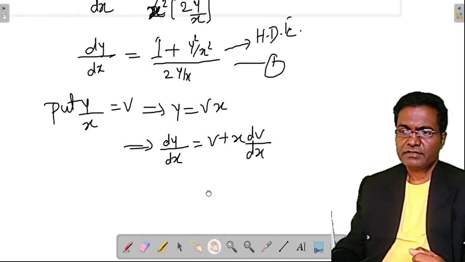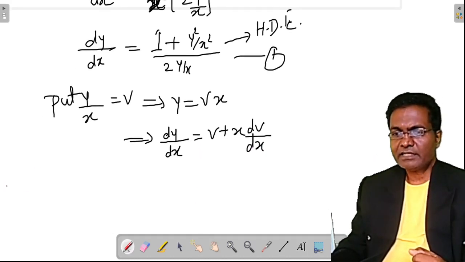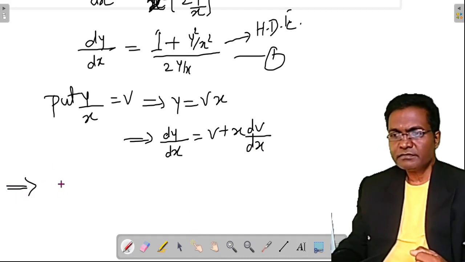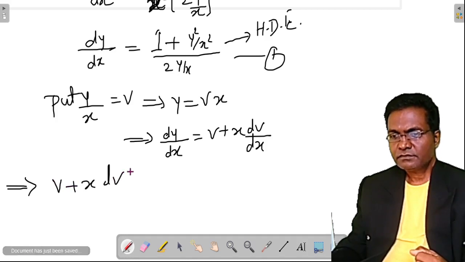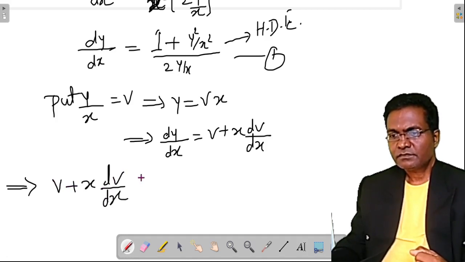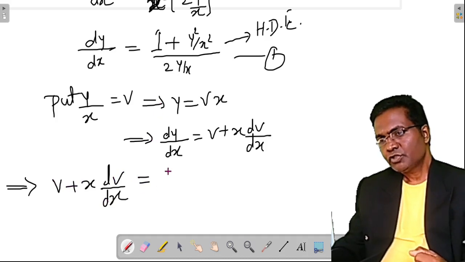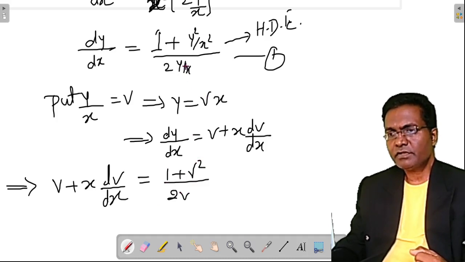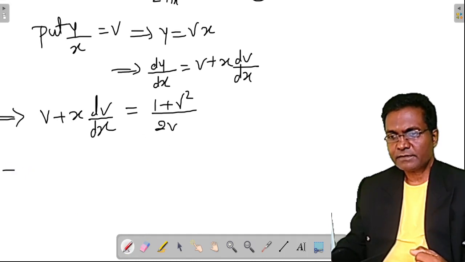Blindly one can write this if you have made enough practice. So this is (1 plus v square) by 2v. Separate the variables.